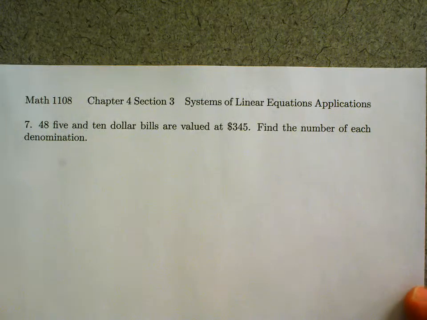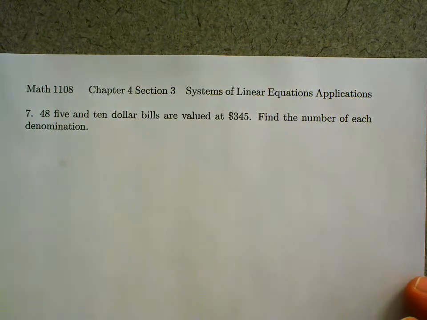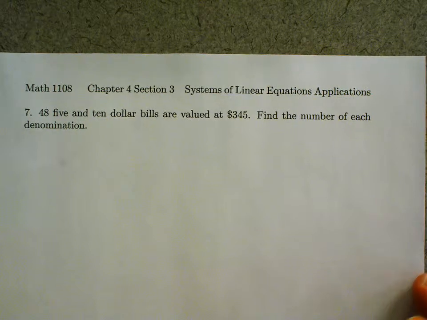Now this is pretty similar to the one that we just did. 48 $5 and $10 bills are valued at $345. Find the number of each denomination.